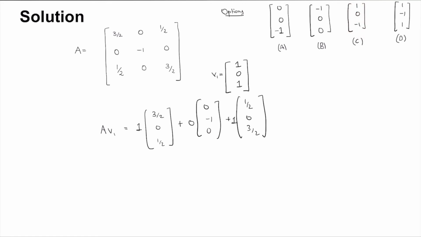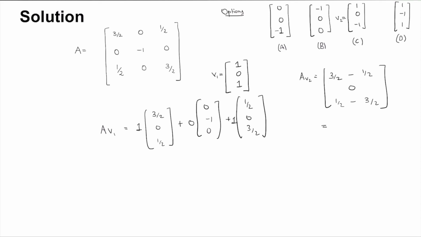Given that subtraction is also commutative with a negative sign, A minus B is minus times B minus A. So let's call this V2. A into V2 will be 3 by 2 minus half, 0, and half minus 3 by 2.